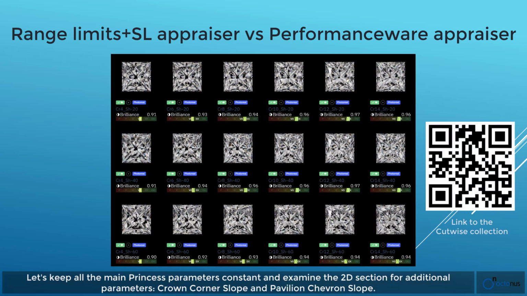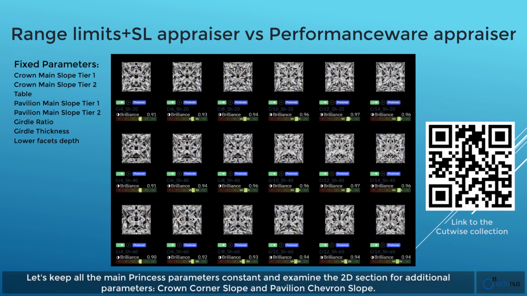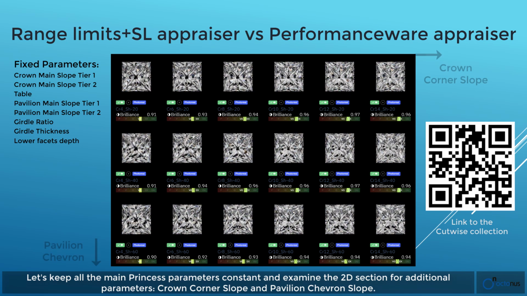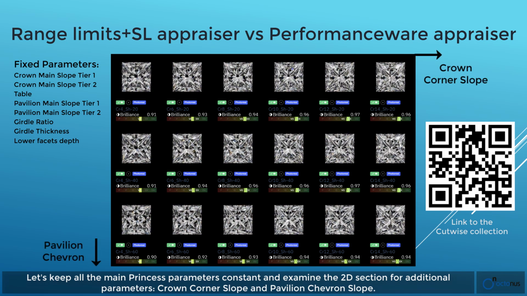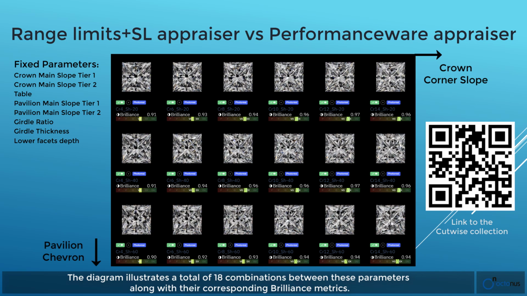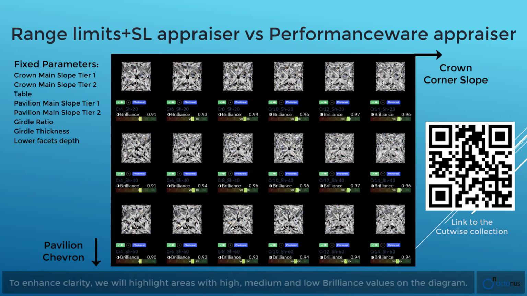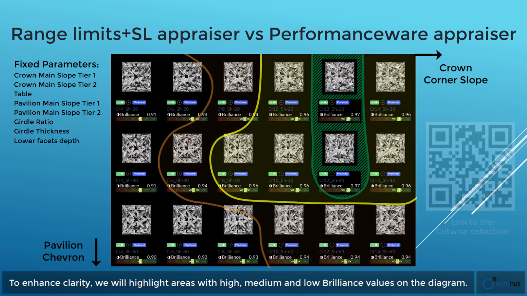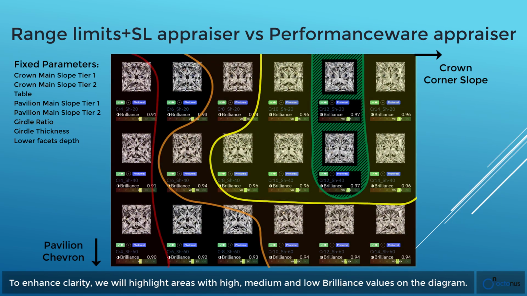Let's keep all the main princess parameters constant and examine the 2D section for additional parameters: crown corner slope and pavilion chevron slope. The diagram illustrates a total of 18 combinations between these parameters along with their corresponding brilliance metrics. To enhance clarity, we will highlight areas with high, medium and low brilliance values on the diagram.